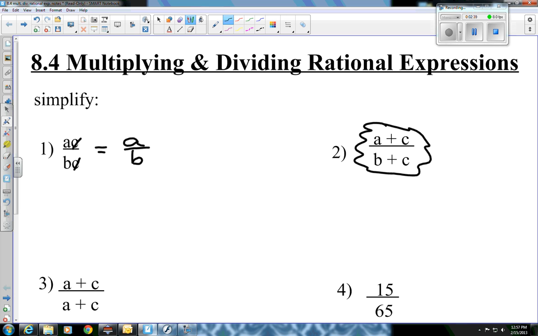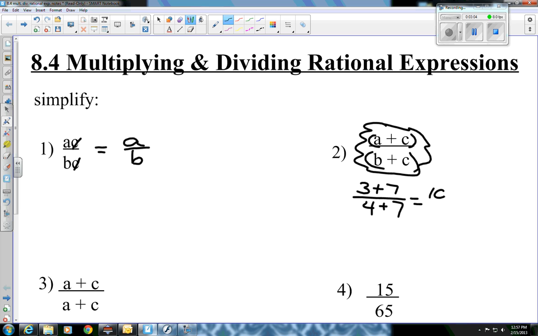Now, if it helps, when you have this, put parentheses around a plus c and think about it all as one factor. Or another way to think about it is to put numbers in there. Say a is 3, c is 7, and b is 4. Then it would be 3 plus 7 over 4 plus 7.